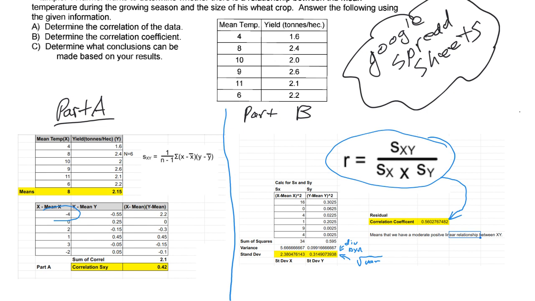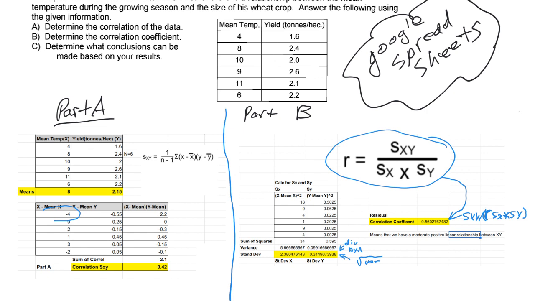Now remember, when we did that, we had S of X and Y, and then we had to put it as a division of, in brackets, SX times SY in order to get our answers correct. And you would have to follow that same pattern for your calculations on your phone or your calculator.